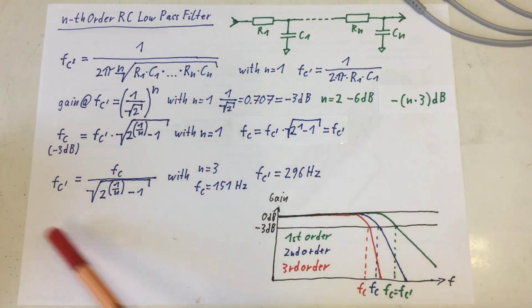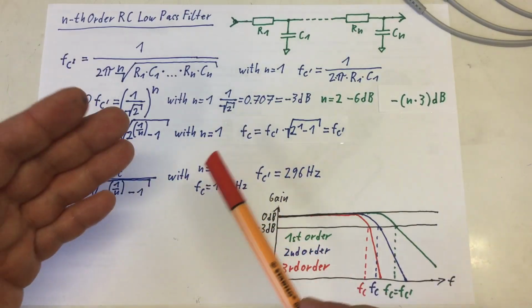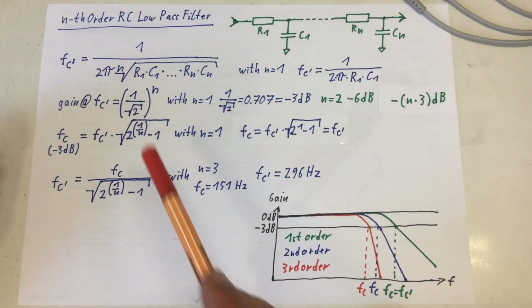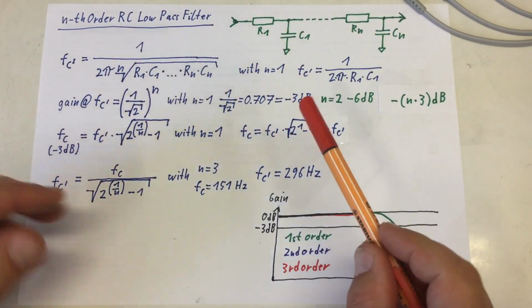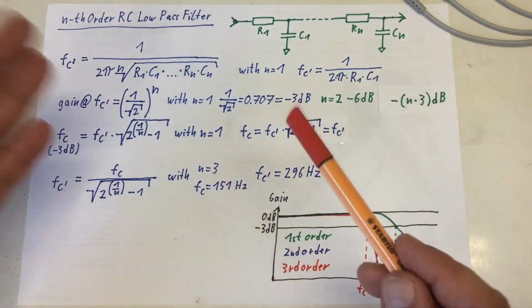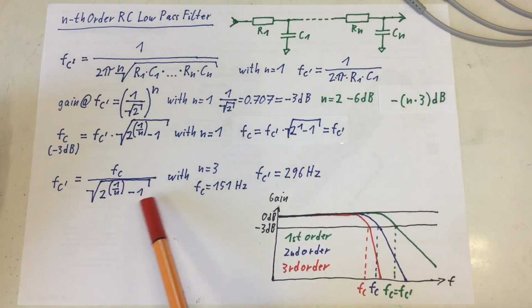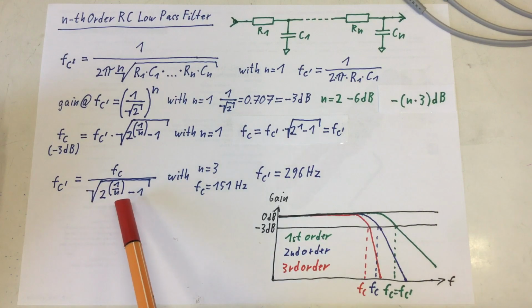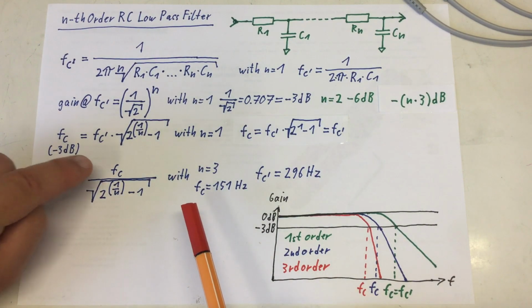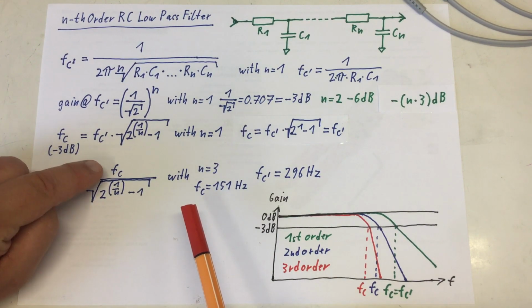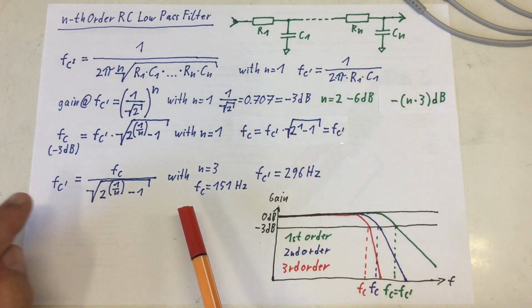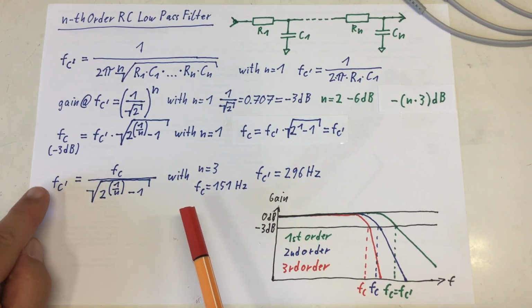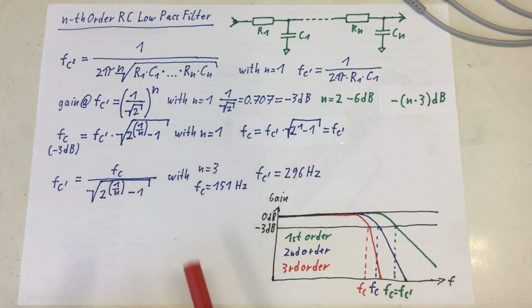Fortunately, that little formula here can literally close the gap between real-world RC low-pass filters and the idealized Butterworth filters. It gives us for nth order RC filter and a given minus 3 dB cutoff frequency the required RC low-pass filter cutoff frequency FC prime.